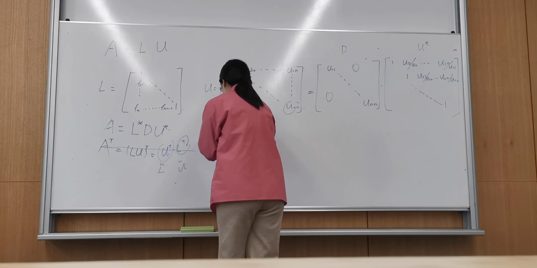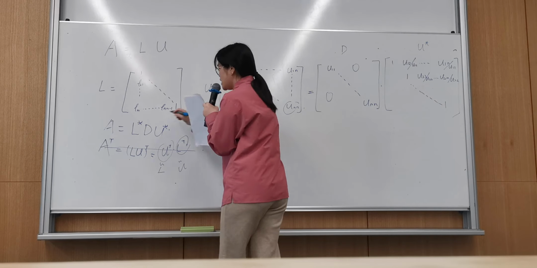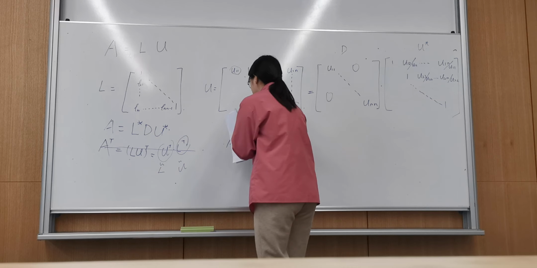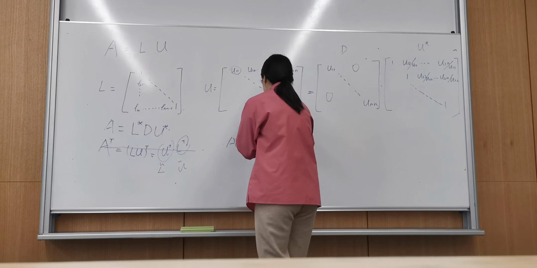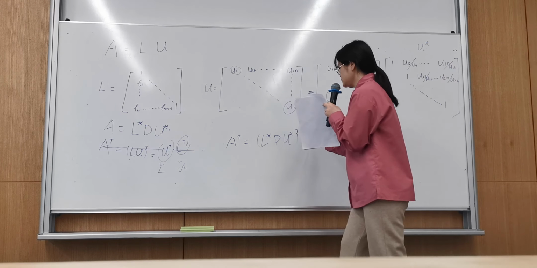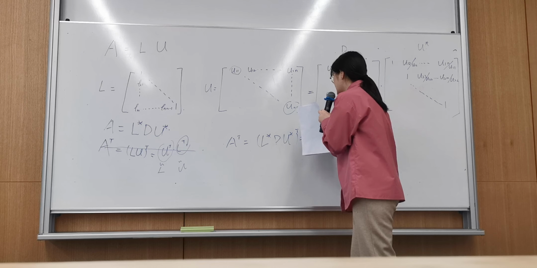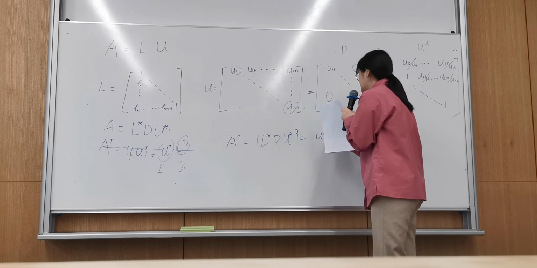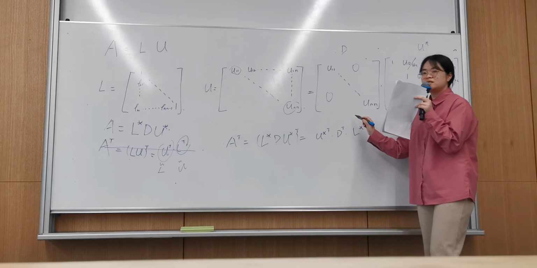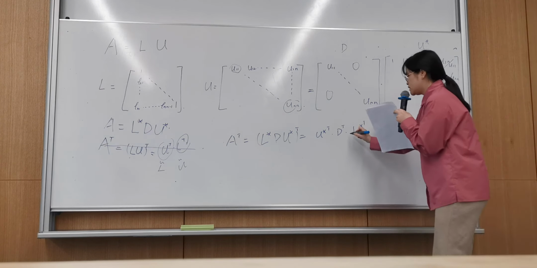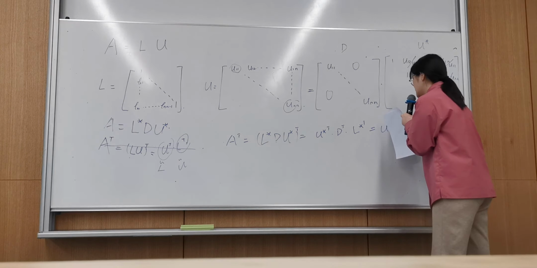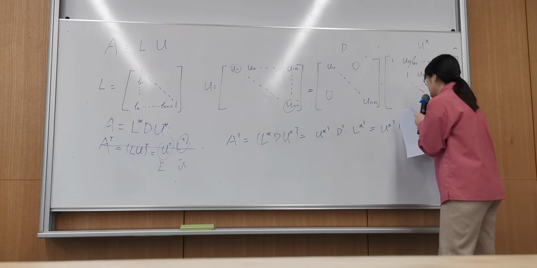So what we need to do, since we know A is equal to L star D U star, is that A transpose is equal to (L star D U star) transpose, which by linear algebra is U star transpose D transpose L star transpose. Since our D is a diagonal matrix, D transpose is equal to D. So we have U star transpose D L star transpose.